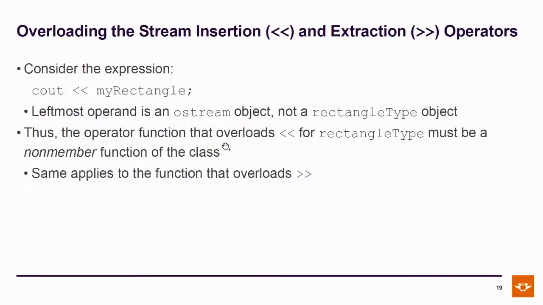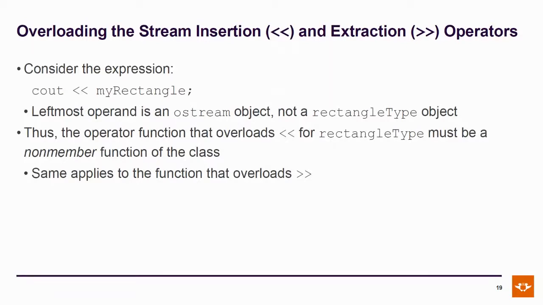Ones that we will make extensive use of are stream insertion and extraction operators, which will allow us to basically treat our object as if it were a stream, which is a very useful metaphor to have.